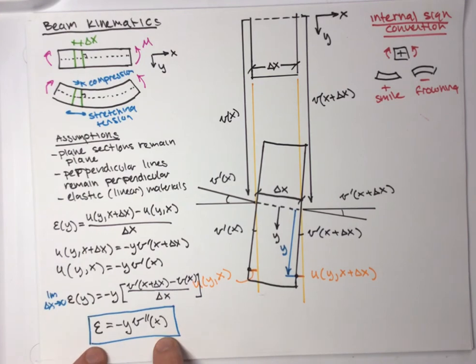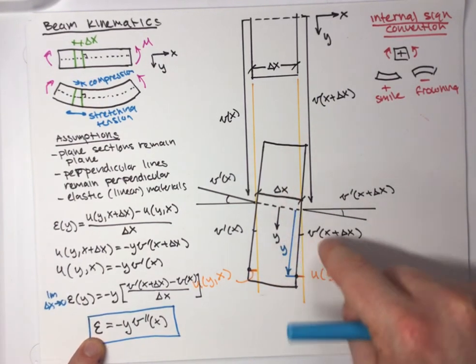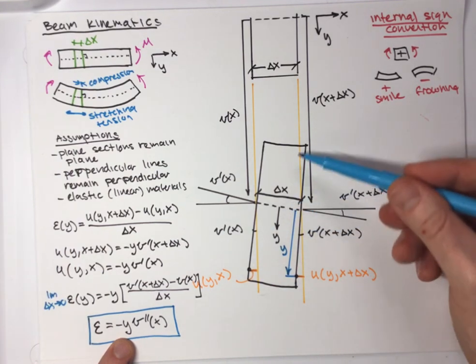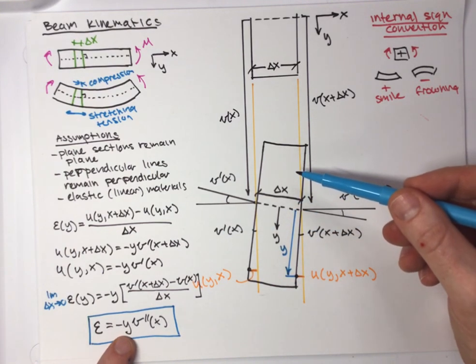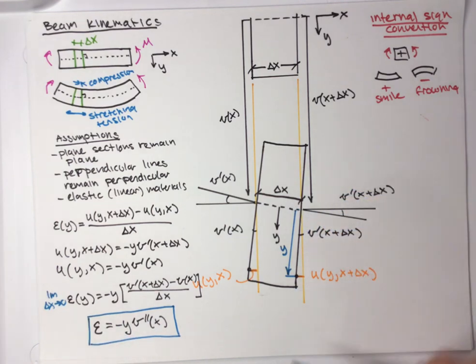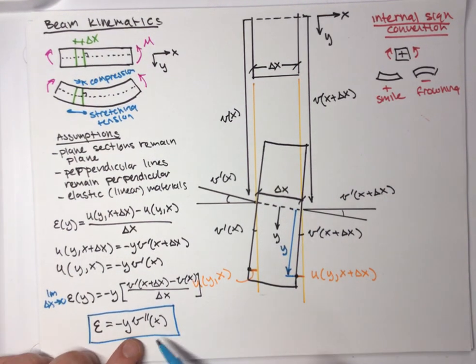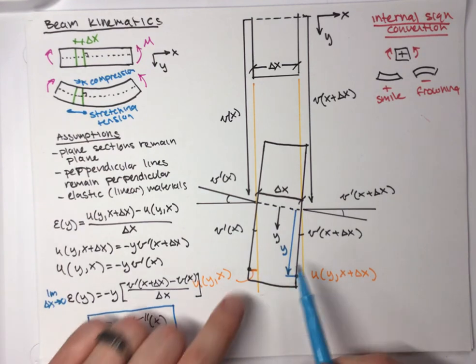And so now we can use this to go from displacement, which is v, all the way to strain for a given location y within the cross-section, which means that if we're up here, which would be a negative y, we're going to end up having a compression, and we're going to have for our positive moment here, and if we come down, we're going to end up having a positive strain. We're going to have tension here.